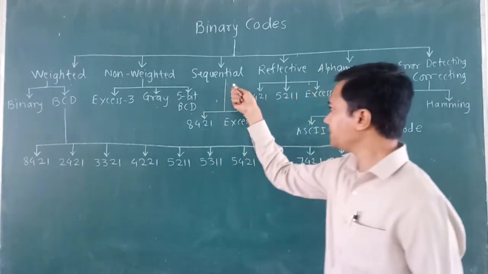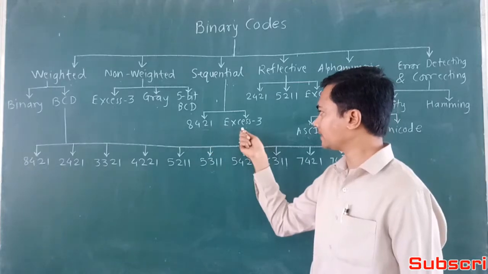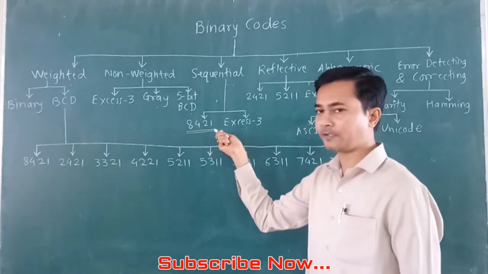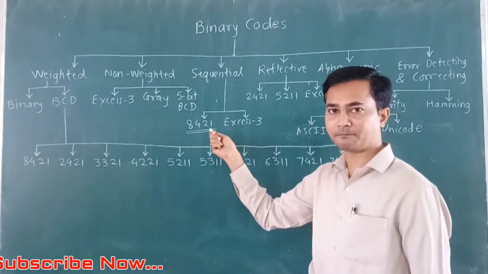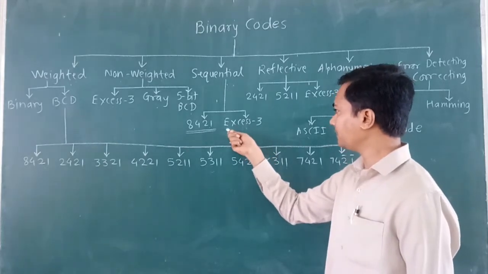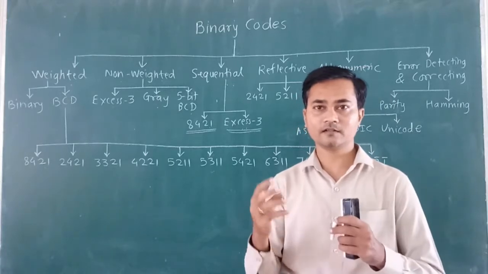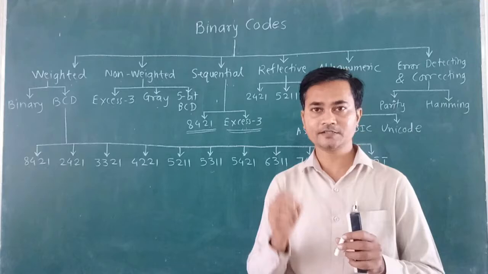Then sequential has two types: 8421 and XS3. 8421 is used to give the specific value of that particular number. XS3 is where we simply add 3 to the given digits, that is 0 to 9.